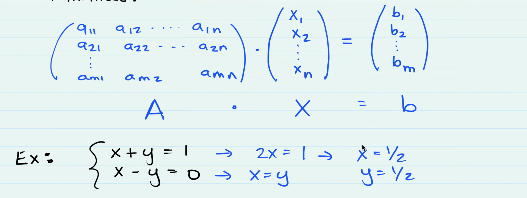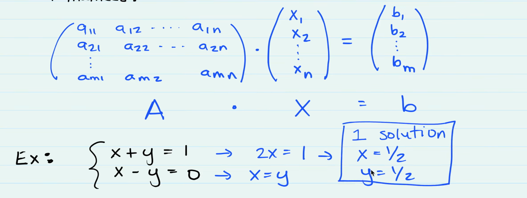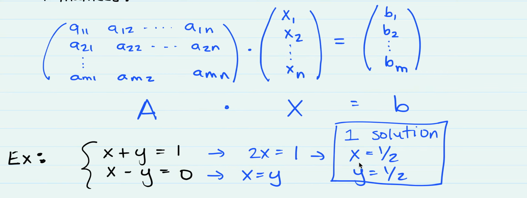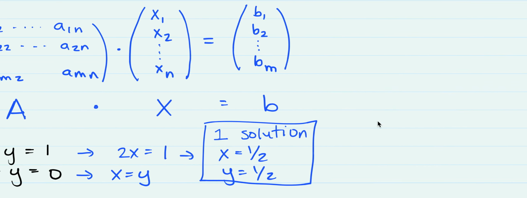3 things can happen when you have a system. You can have one solution, infinitely many solutions, or no solution. So here we have one solution. An example of something that would have infinitely many solutions would look like this. x plus y is 1, 2x plus 2y is 2.